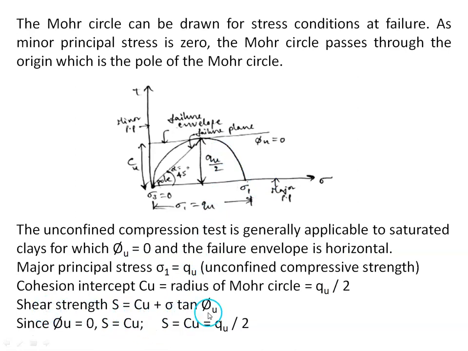We can write this shear strength equation in terms of undrained shear parameters, that is cu and phi u. Because phi u equals 0, shear strength equals cu. cu is nothing but qu by 2. So shear strength of soil equals half of the unconfined compressive strength.